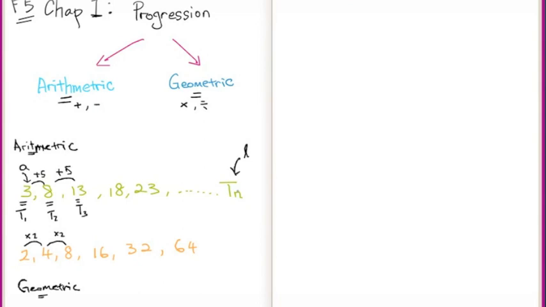Now, suppose we have the first term, we define it as T1, and based on the same question over here, I would list it out vertically. Term 1 is 3. The second term is 8. The third term is 13.